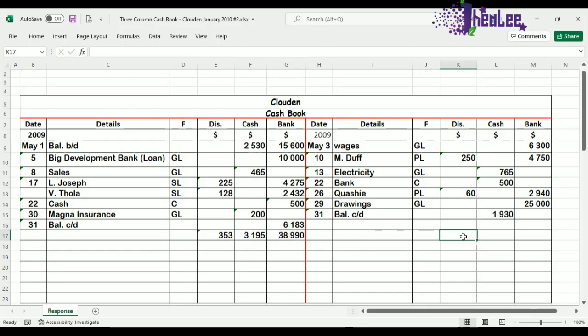On the credit side, our discount received is 250 plus 60, which gives us $310. Our cash is 3,195, and our bank is 38,990.